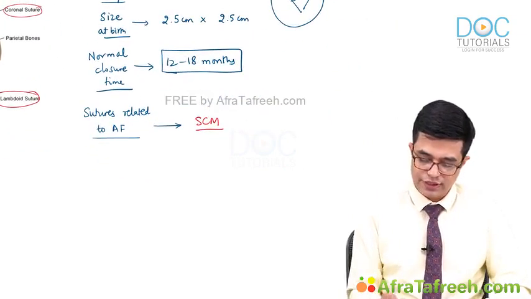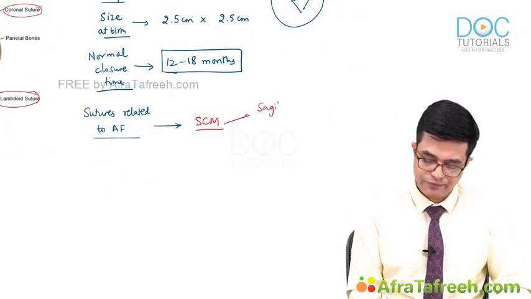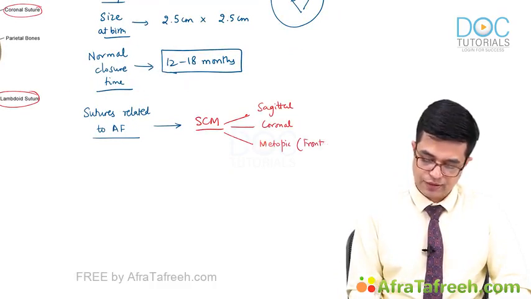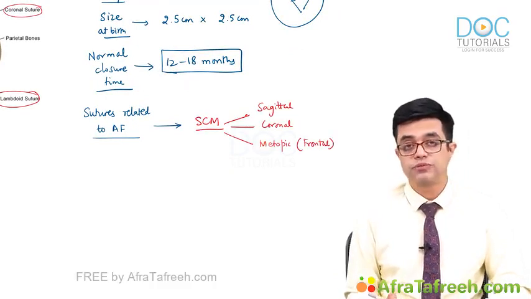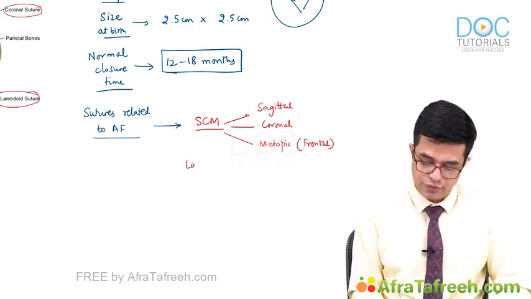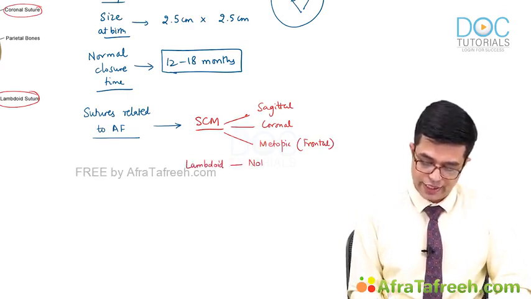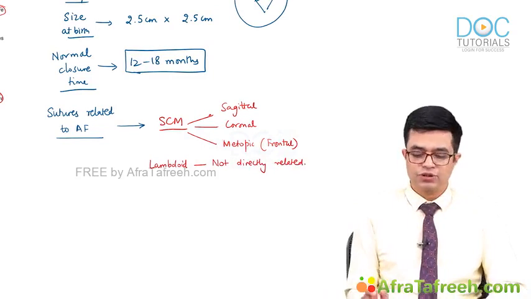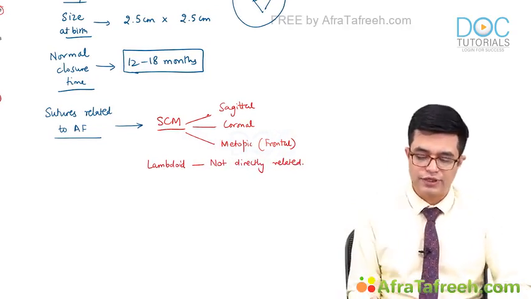SCM stands for sagittal suture, coronal suture and metopic suture. Metopic is also known as frontal suture. So which suture does not contribute to anterior fontanelle? Lambdoid suture is not directly related to anterior fontanelle, and so this will be your answer of choice. So this is regarding the normal structure of anterior fontanelle.